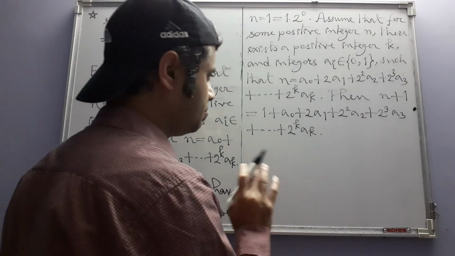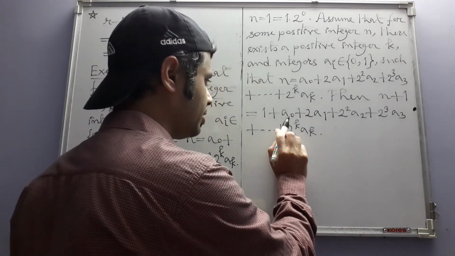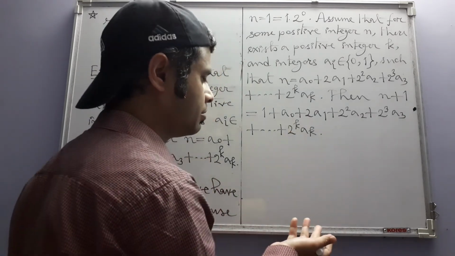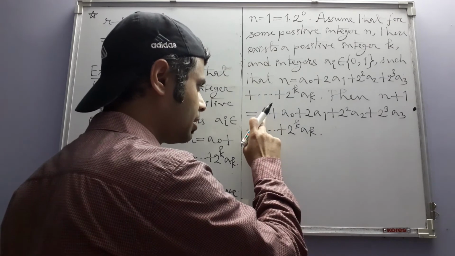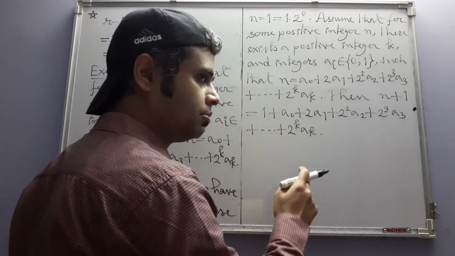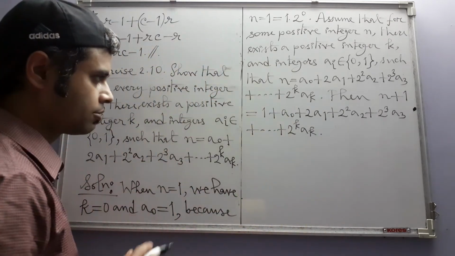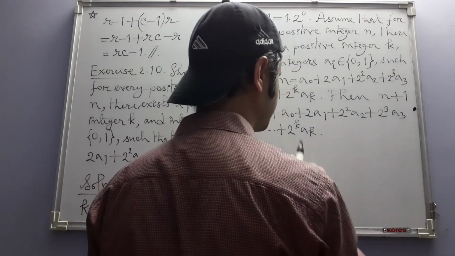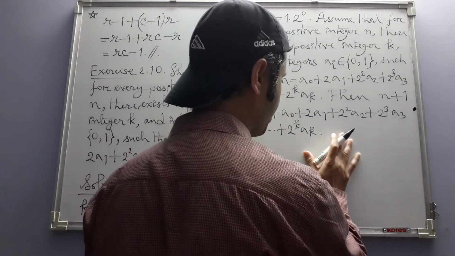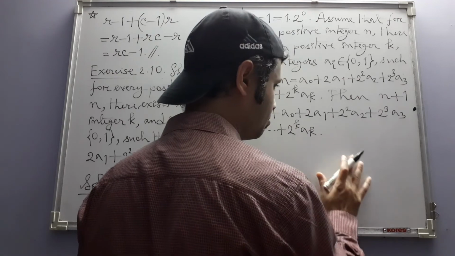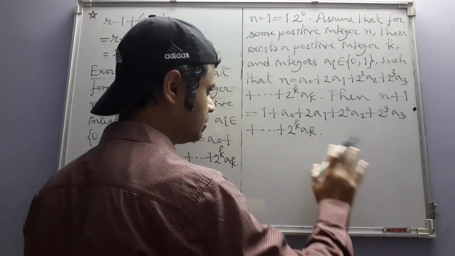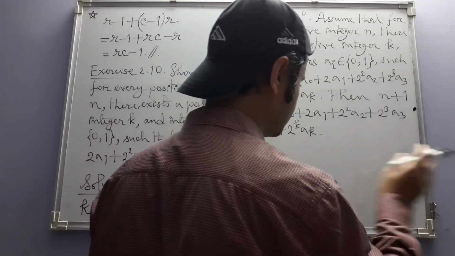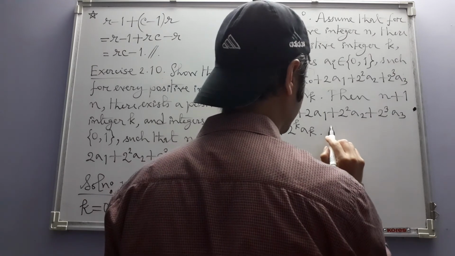However, we will run into a problem if a0 is itself 1, because then we will have 1 plus 1 equal to 2. Okay, so let us write the steps, which I think can be somewhat made more streamlined by doing something here, but let's just go with the flow.